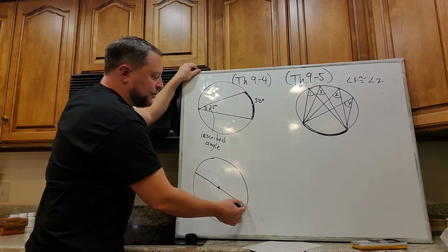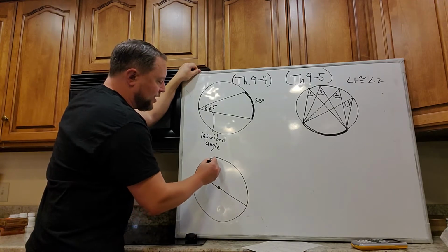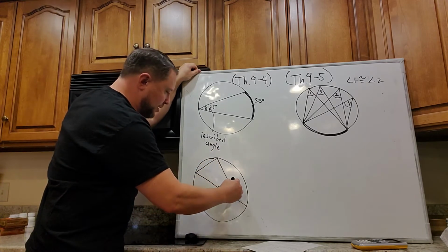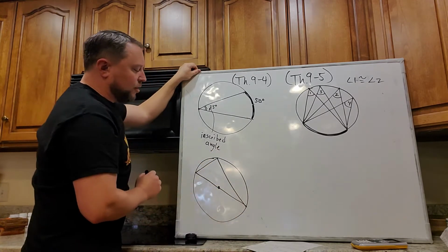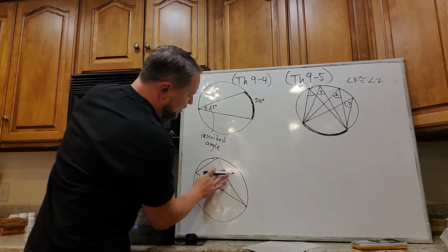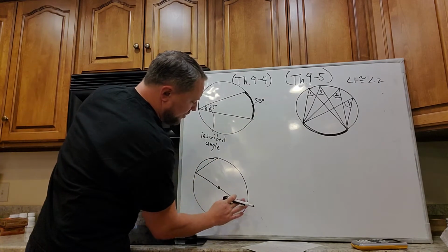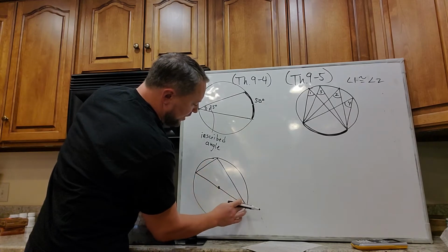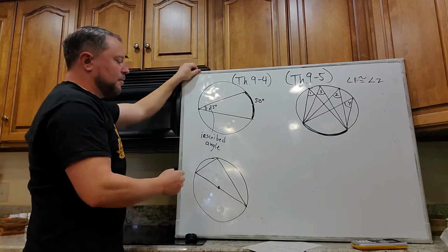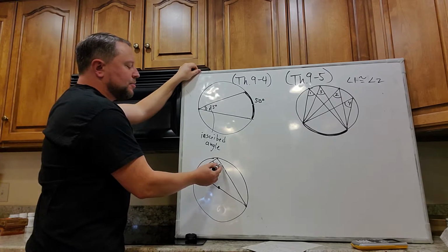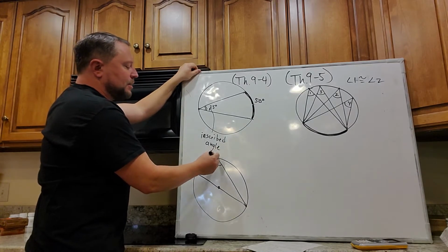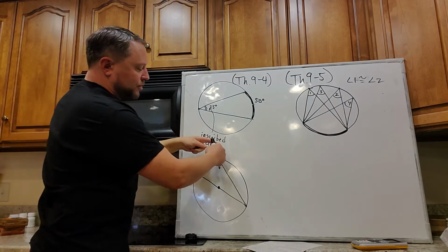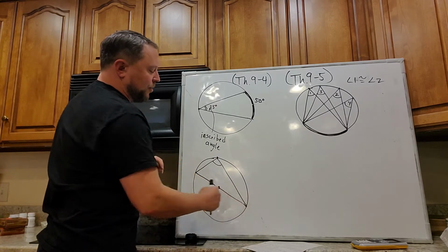So like this. I might have the angle go up here, touch the circle, and then come back down and hit the other end of the diameter. That wasn't a very good line. Sorry, let me try that one more time. That one should look more like that there. Okay, so now look at this inscribed angle that I made that has its vertex on the circle. It comes out, it hits each end of the diameter.